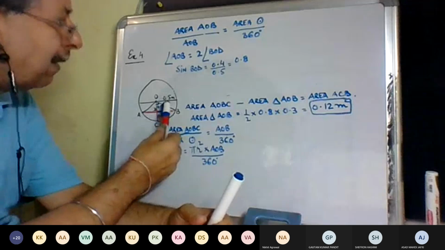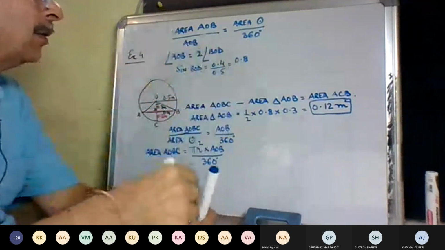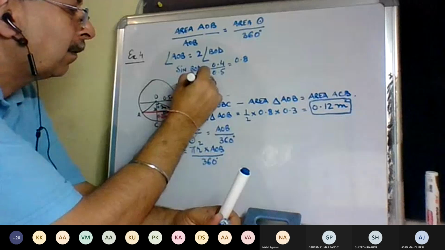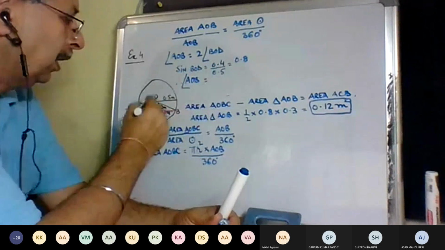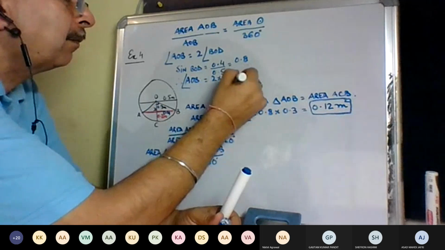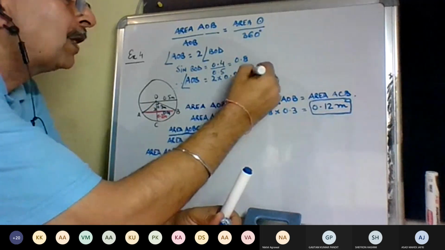So 0.4 divided by 0.5 is equal to 0.8. Therefore angle AOB will be twice of 0.8, equal to 1.6.